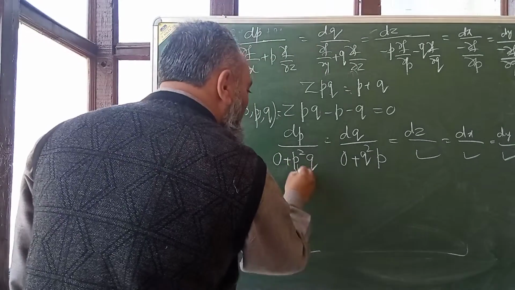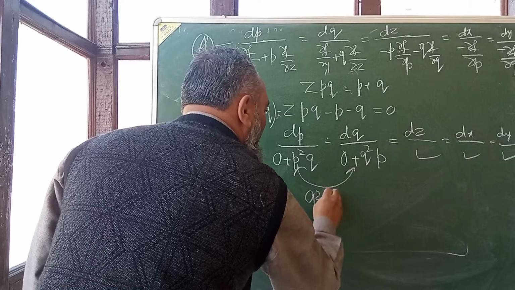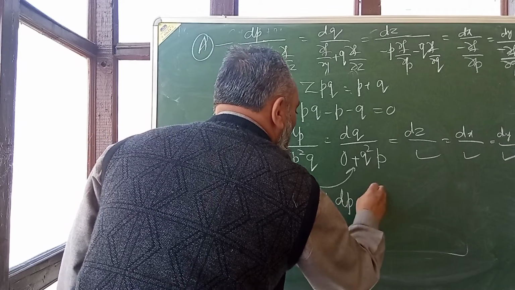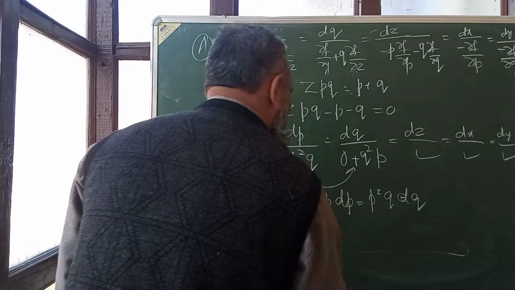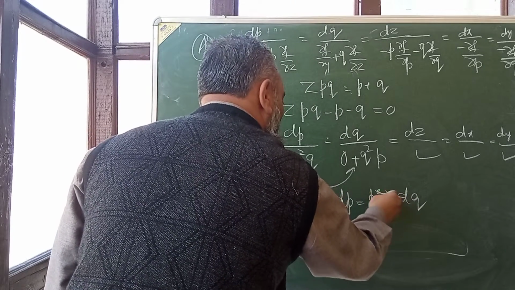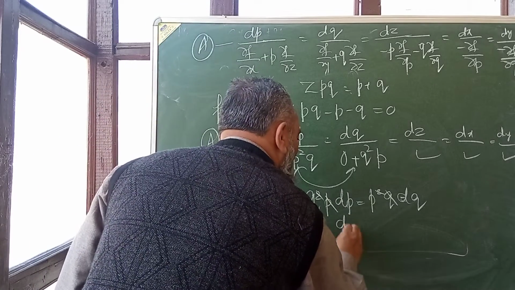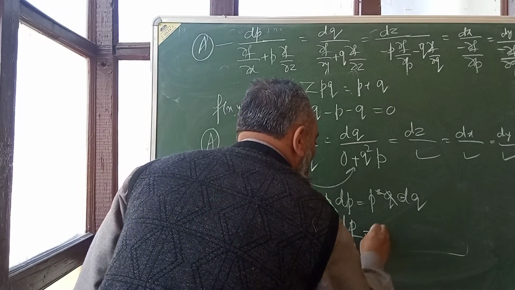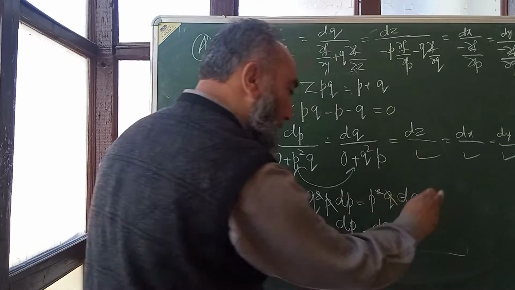Now let me take up these two fractions together. What I will get? q square p dp, p square q dq. So you have dp by p equals dq by q, or you can integrate it now.